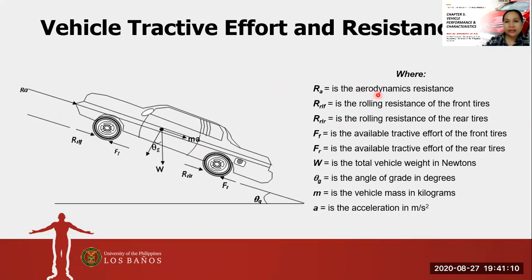RA here is the aerodynamic resistance. RRLF, with the subscript LF, is the rolling resistance of the front tires. And this RRLR here is the rolling resistance of the rear tires. And then MA here is the product of the vehicle mass in kilograms and the acceleration in meters per second squared.